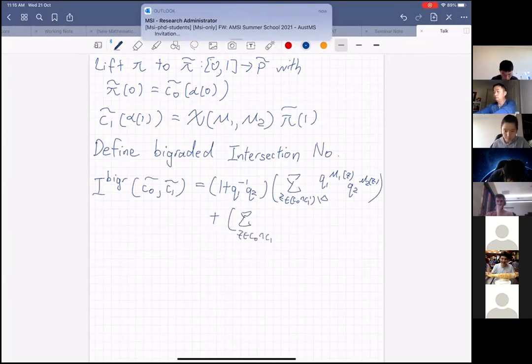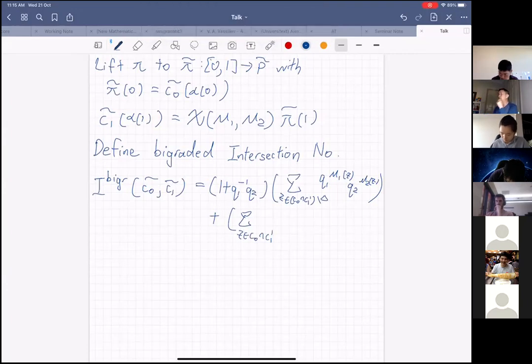I introduced two parameters here, Q1 and Q2. The story of this topology is that this bi-graded intersection number can give us the faithfulness of the braid group action.